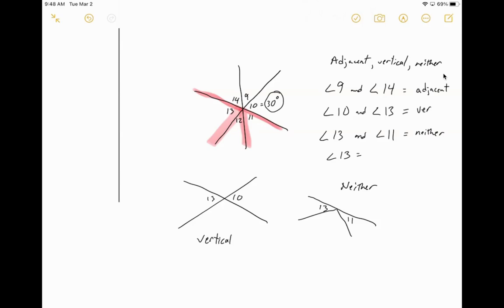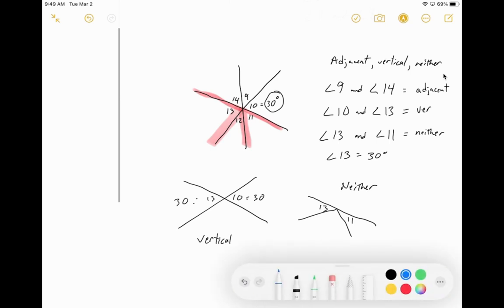If they're vertical, if they're truly vertical, if this is equal to 30, then this one also has to be equal to 30 degrees. So sometimes it's hard to see, like, what are you talking about, Mr. Leon? So what I like is sometimes to separate the picture out. Instead of a really confusing picture, I like to simplify it into these smaller pictures to make things easier on us.